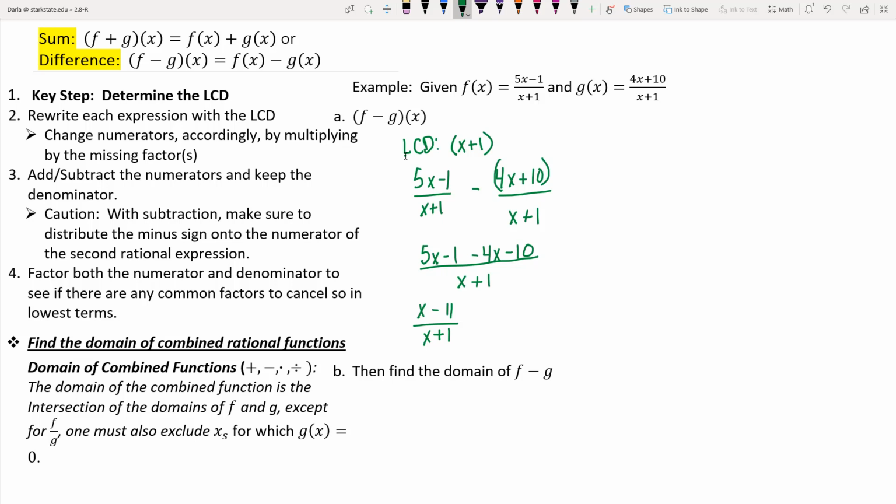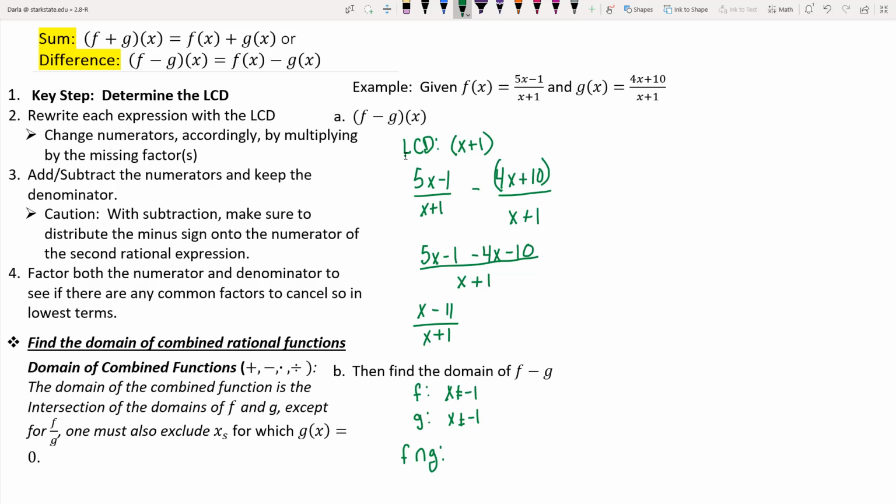To find the domain of f minus g, we have to look at the domain for f and the domain for g, and then look at the intersection of the two, and that'll be our domain overall for f minus g. f tells us that x is not allowed to be negative 1 because that would make the denominator of f 0, and we can never have division by 0. g tells us the same thing, that x can't be negative 1.